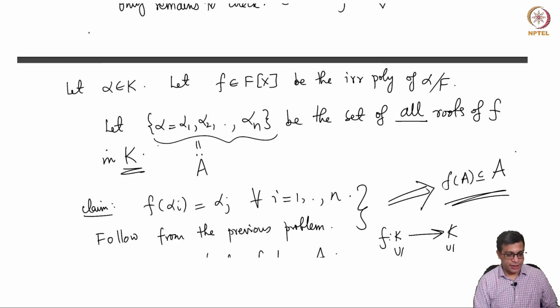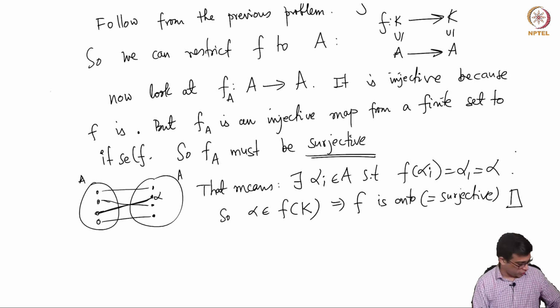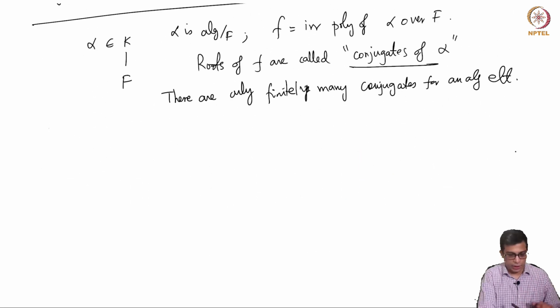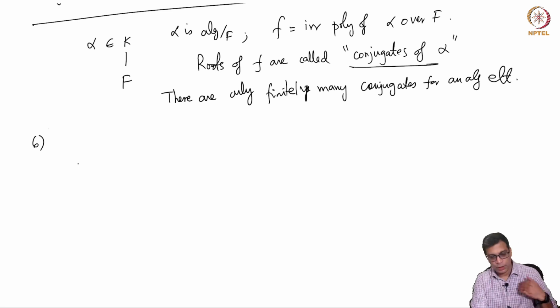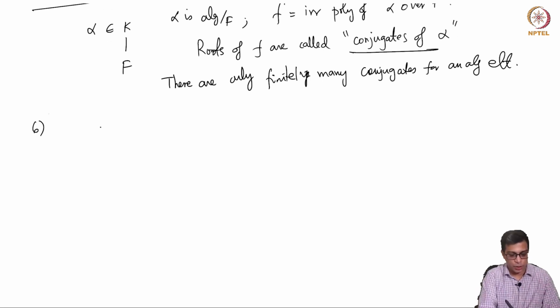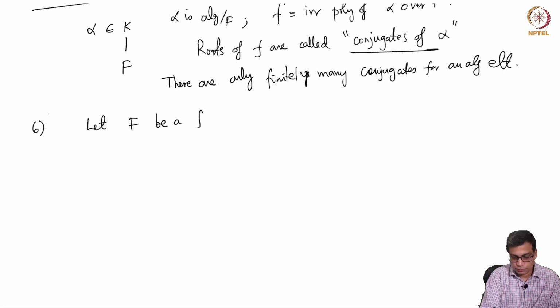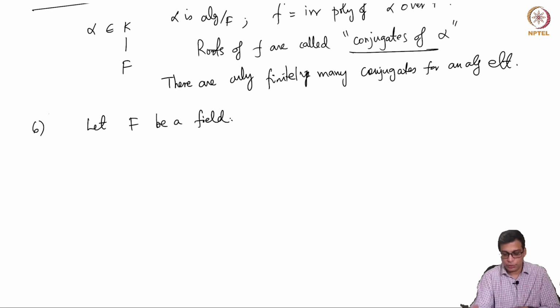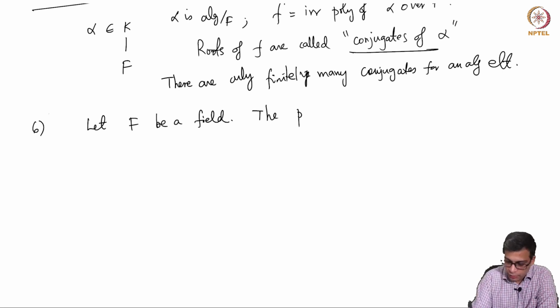Okay, so let me write one more exercise because I meant to do this. I won't give you the details now because I'm running out of time. So I'll just give you a quick, very sketchy argument and ask you to finish it. So let F be a field. The prime field of F is defined as follows.